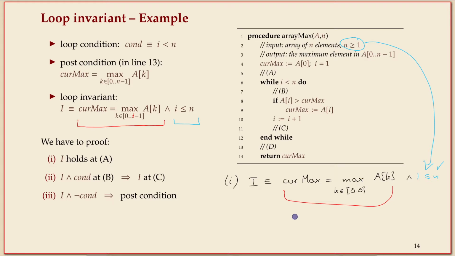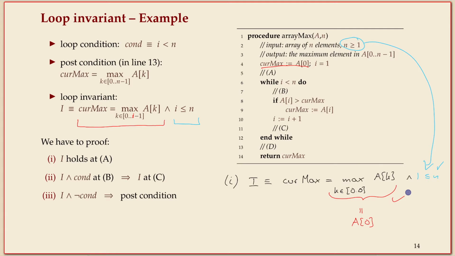So all we're saying here, this part on the right, is really just A of 0. So the claim that we're making is the current max is the value of A of 0. And that's exactly how we've assigned it just before that. So that's also fine.